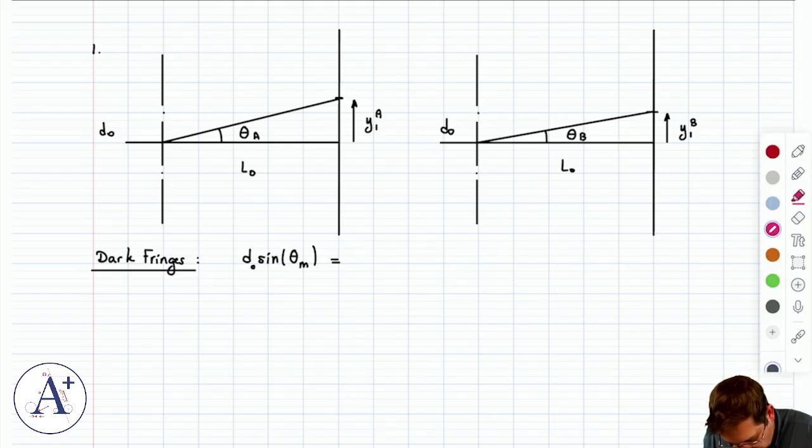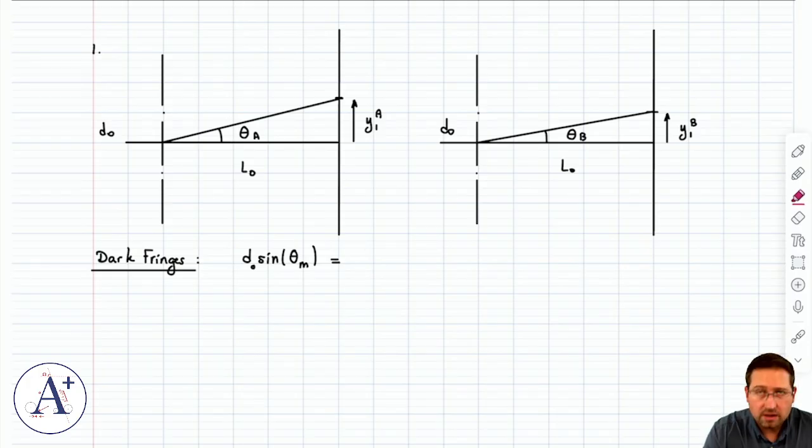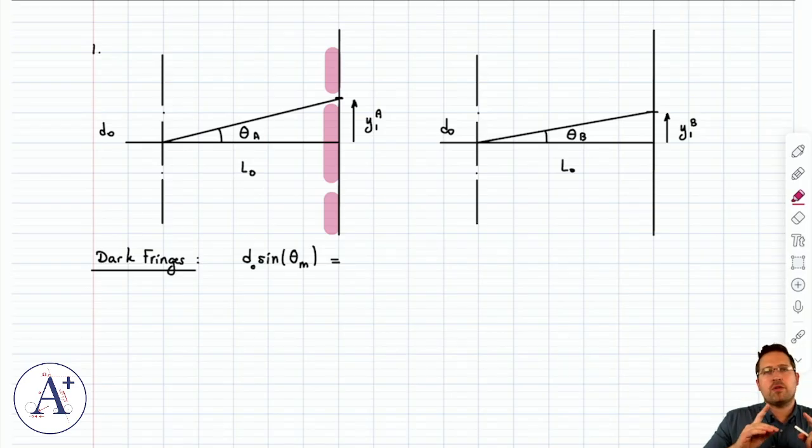Okay, so what I had in mind was this: the center of the pattern is a bright fringe, called the bright central fringe. So maybe it looks something like this, and then there's a dark fringe, and then there's another bright fringe. On either side, same thing. The bright fringes end where the dark fringes begin, and vice versa.